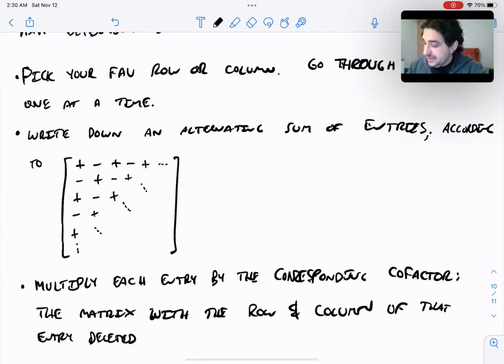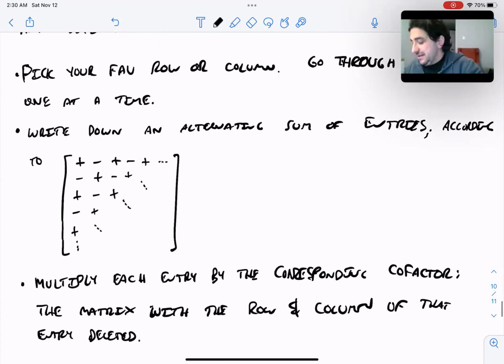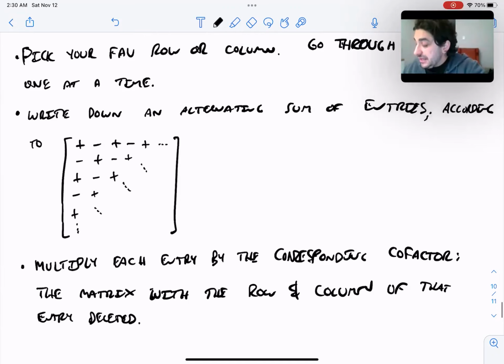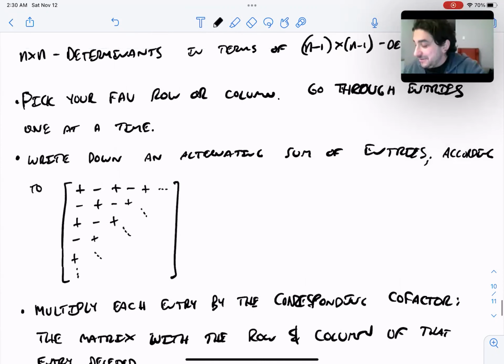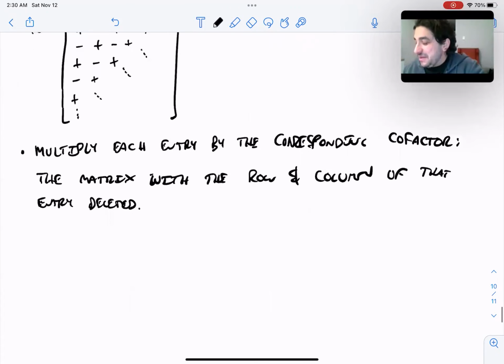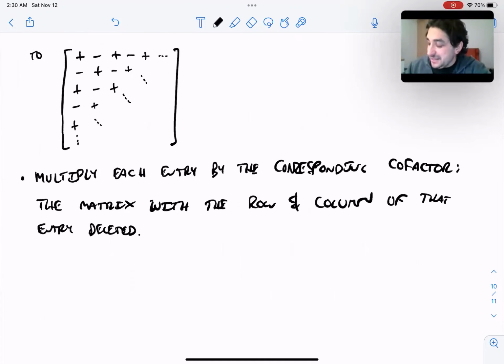So this is why you get a recursion, because you delete a row, you delete a column. What's left has one less dimension. It's still square because you deleted a row and a column. So this is why you get an n by n determinant in terms of n minus 1 by n minus 1 determinant. So that's a mouthful, right? But I realize that's a lot to say. But in an example, I think you'll see it's not so bad.